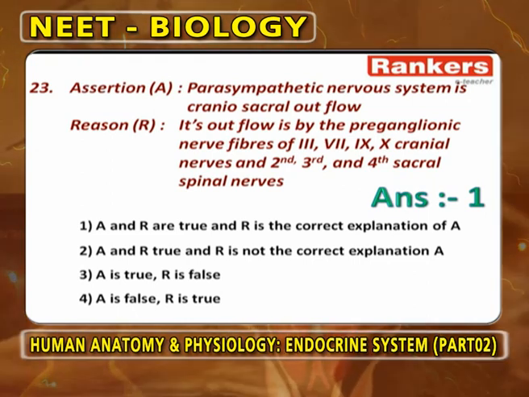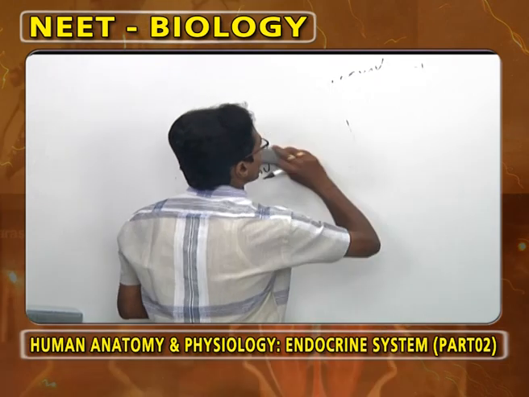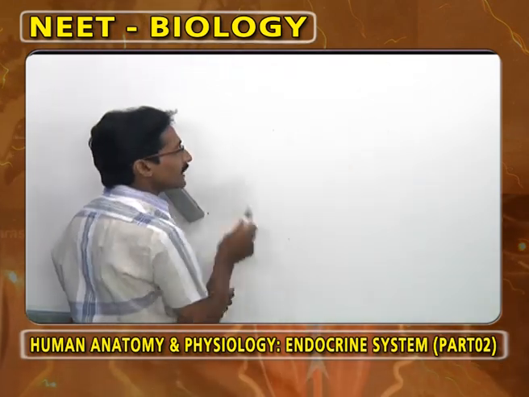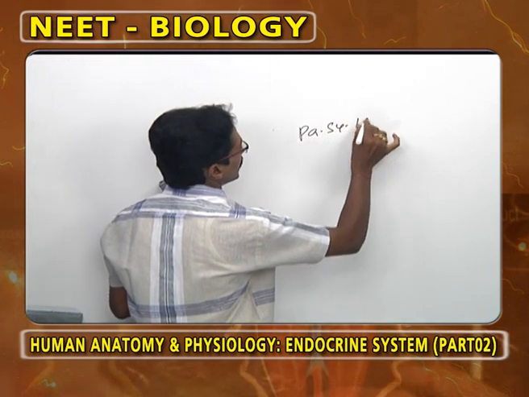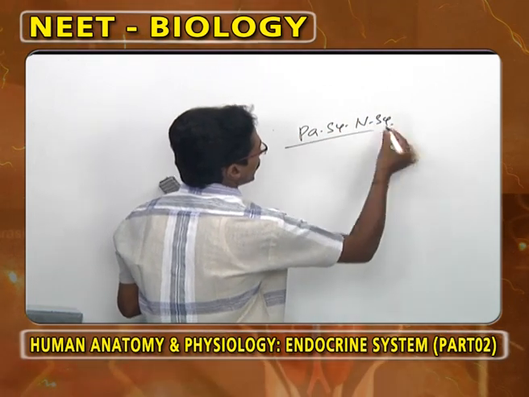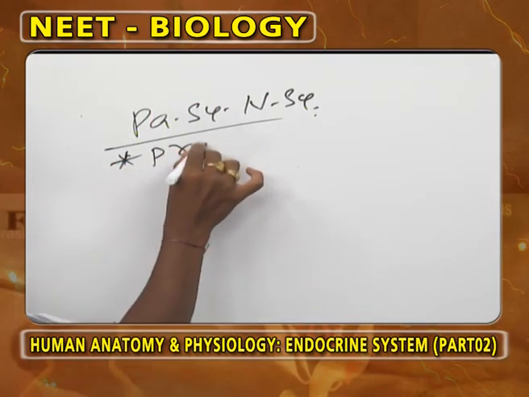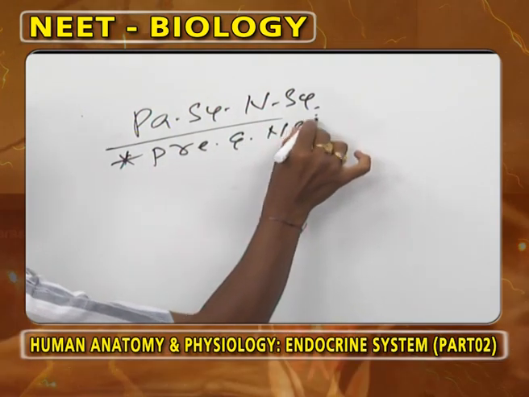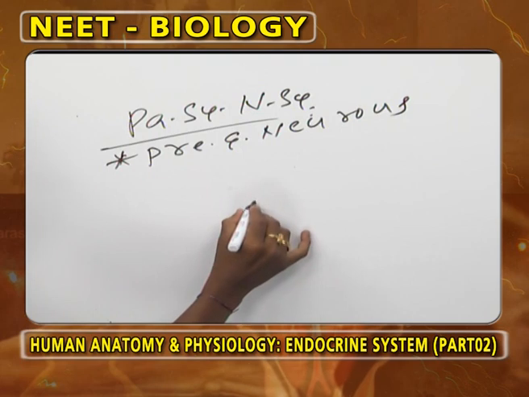4th sacral spinal nerves. Now as we observe the sympathetic and parasympathetic divisions, we are discussing the parasympathetic nervous system. In the parasympathetic nervous system, we have preganglionic neurons. Now this is the ganglion.